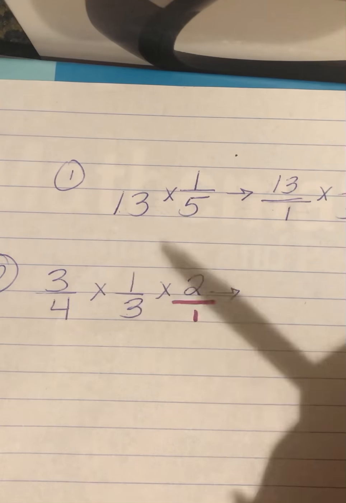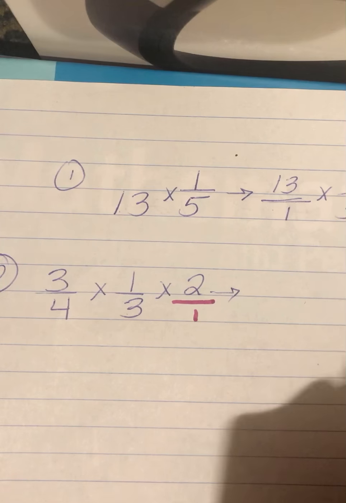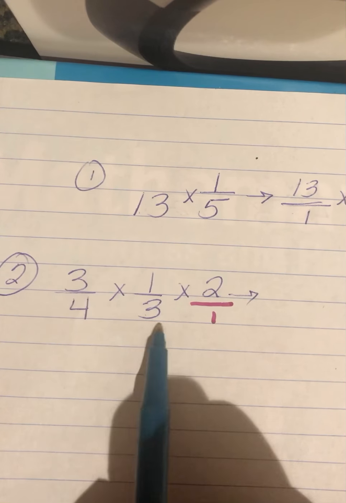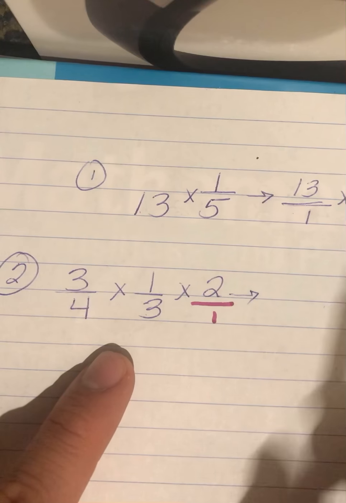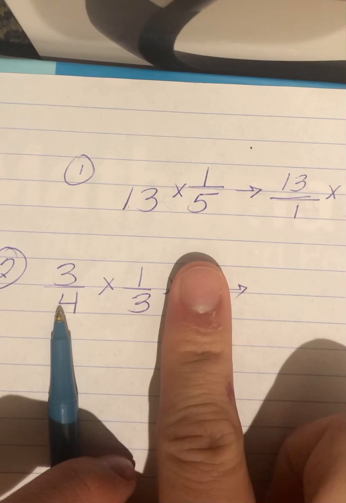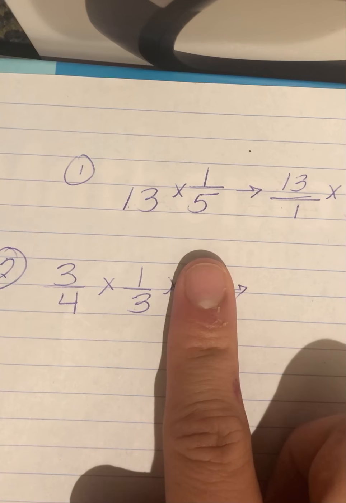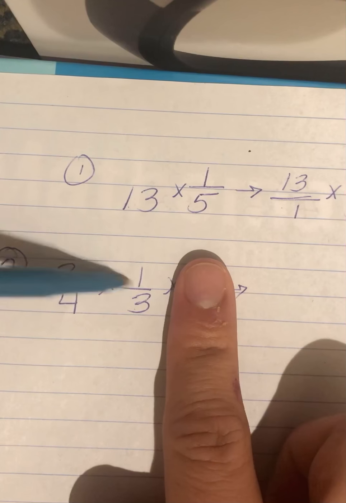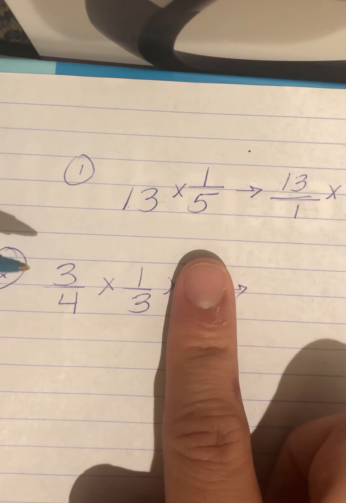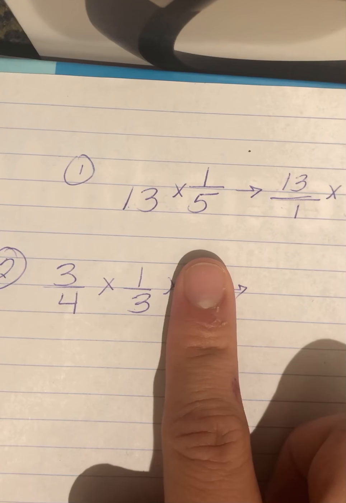Here is where Emily's question comes into play. Emily had asked me, well, how do I know, or how do I cross simplify when I have more than 2 factors? Well, what you can do is you can ignore one factor, or one of the fractions you're multiplying, and then ask yourself if any of the other opposite numerators and denominators have a factor in common.